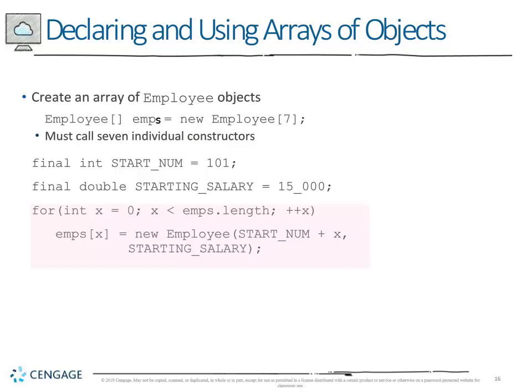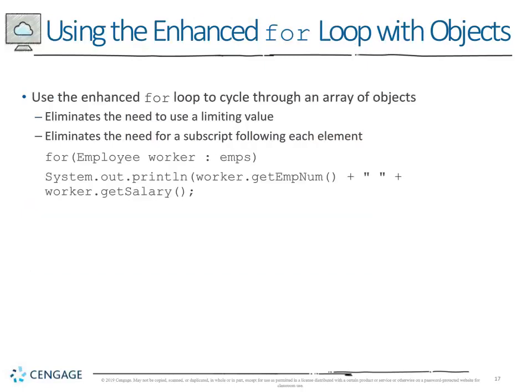Because the employee class has two arguments, the first one is the employee number, the second one is the employee salary. So for the constructor, we pass two parameters, and we use the new keyword, and we assign the object to the array element. We can use the enhanced for loop to circle through an array of objects.